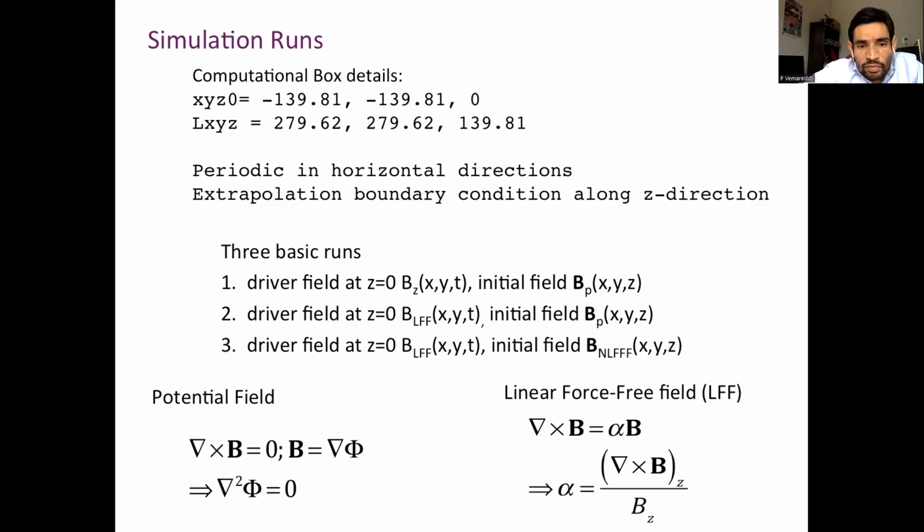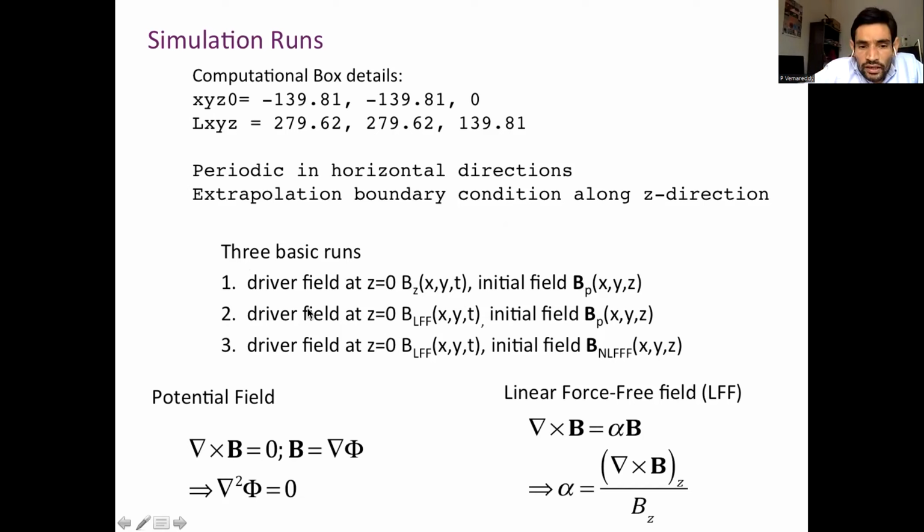We use periodic boundary conditions in the horizontal direction and an extrapolation boundary condition in the z direction. As I said, there are three feasible runs that we can do, such that we can get more twisted structures in the solar atmosphere as you go from 1 to 3. Here I am mentioning only the magnetic field, though we all work with the vector potential when we work on the code.